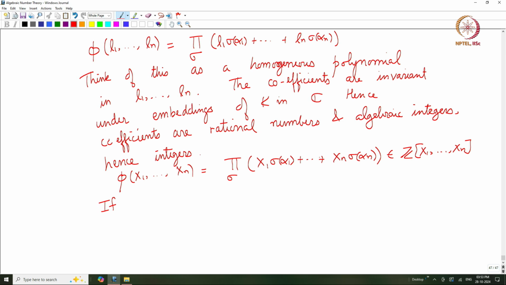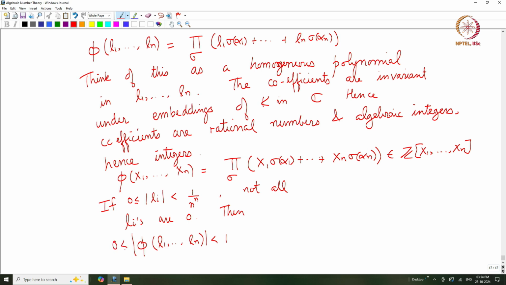This can have at most n to the power n terms, right. And integer coefficient. So, if mod of each Li is less than 1 over n to the n, but greater than 0, not all Li's are 0, then phi of L1 up to Ln is certainly less than 1. So, mod of this is less than 1 and bigger than 0.